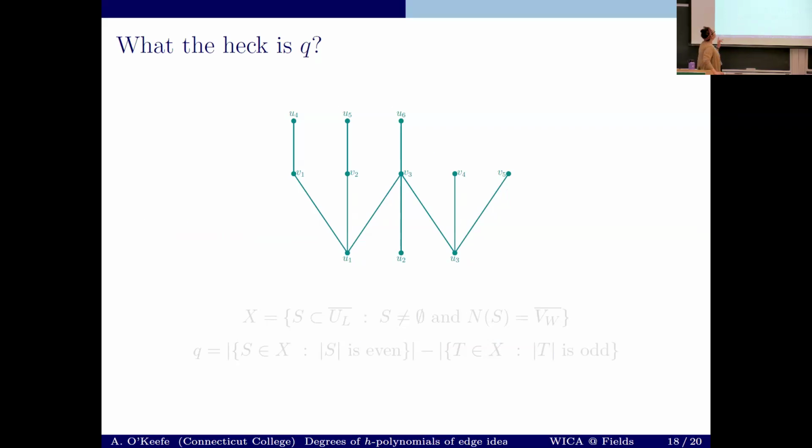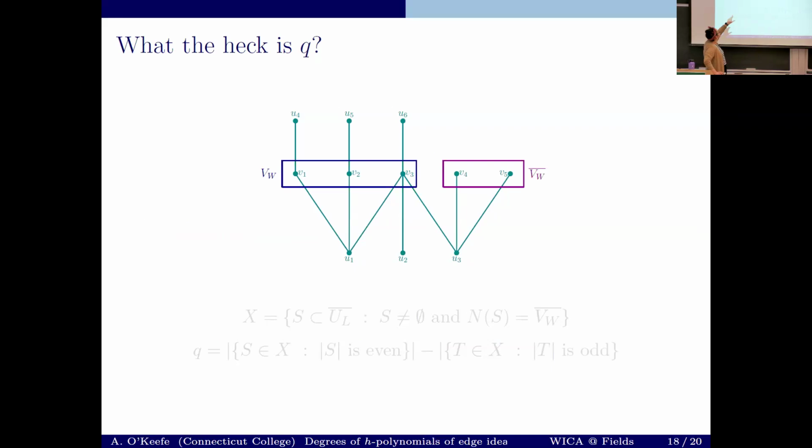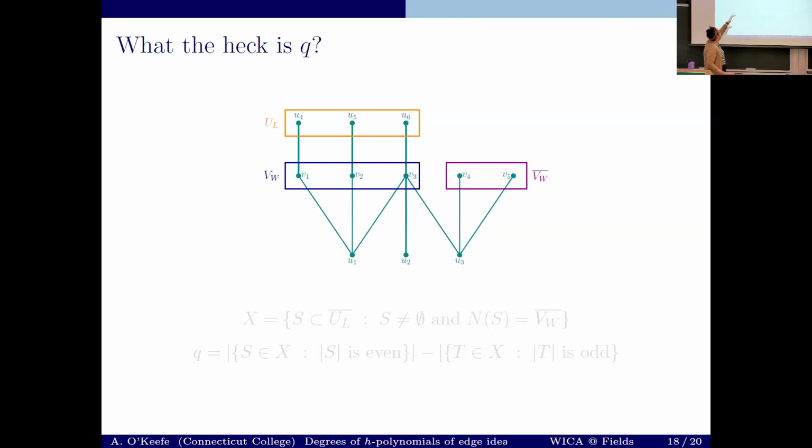So first, I have my bipartite graph. I denote by VW all of the vertices in the V bipartition that have a leaf, that have a whisker, and VW bar is the complement. Then for each of those vertices in VW, I choose a leaf.